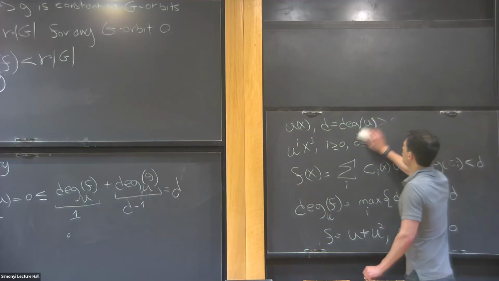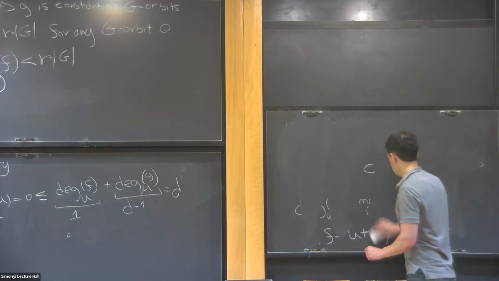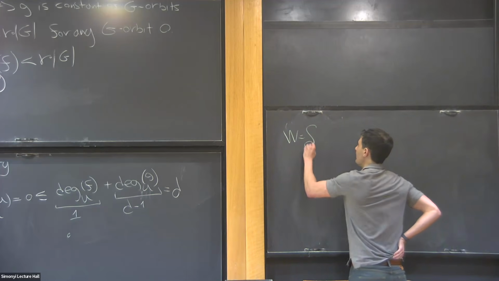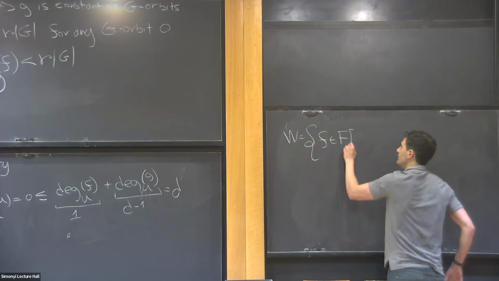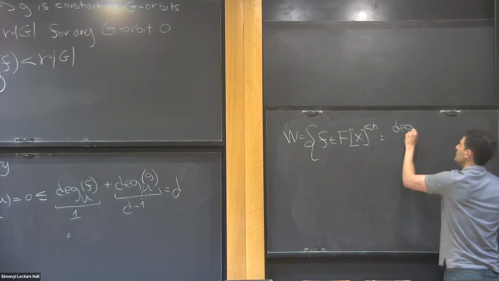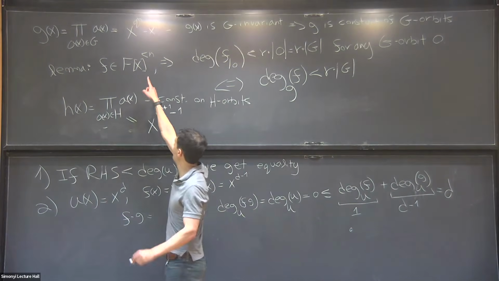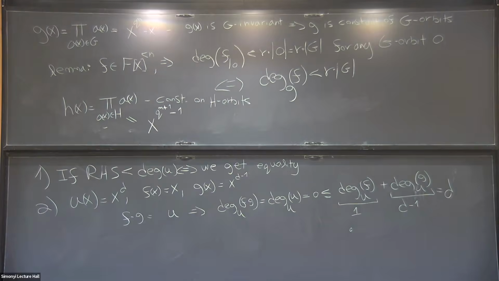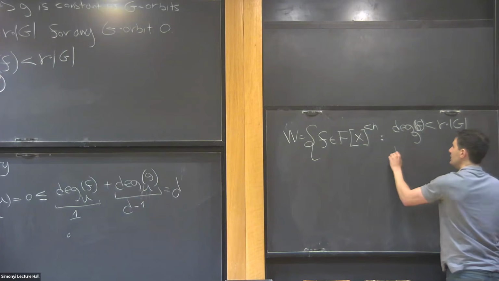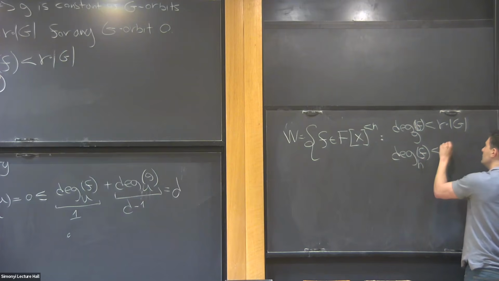Now after we have understood how this new definition of the u-base degree behaves, let's define the space of polynomials W. These are all polynomials of degree less than n, such that the g-base degree of f is small, and the h-base degree of f is also small.